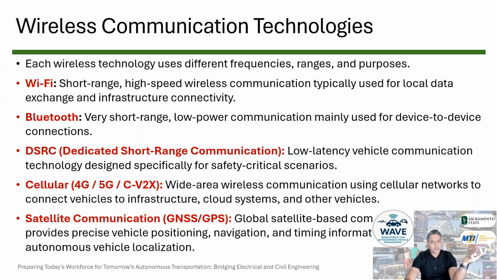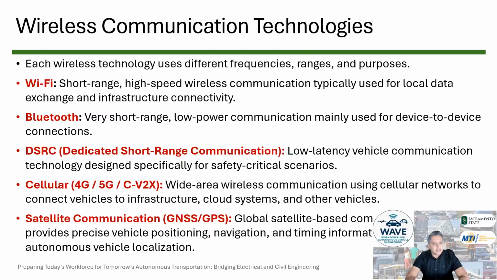It's low power communication, mainly used for device to device. Like in your car, you can connect through Bluetooth to hear something or have a call, because you're sitting in the car and the Bluetooth of your cell phone can connect to the Bluetooth of the car, right?